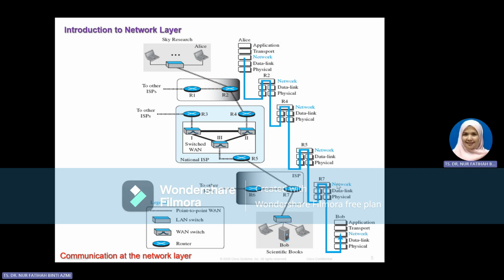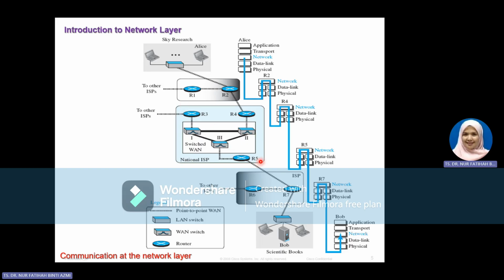Next, the data continues through the national ISP. This is the infrastructure represented by R3, router 4, and router 5, and we have one WAN switch here, which is the part of the network that enables long distance routing between different regions or different networks.